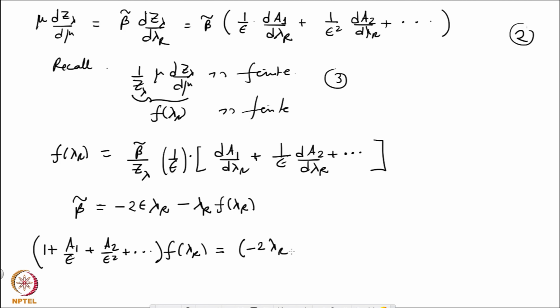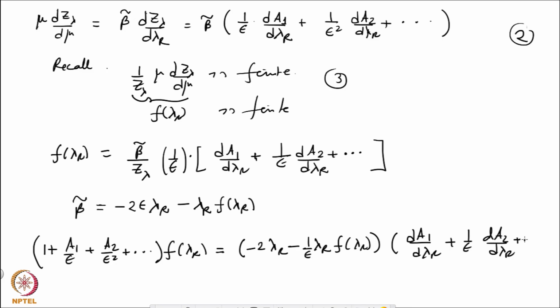So it gives you minus 2 lambda r minus lambda r times f of lambda r, and then because of this division by epsilon it gives you a factor of 1 over epsilon times dA1 over d lambda r plus 1 over epsilon dA2 over d lambda r and other higher pole terms.